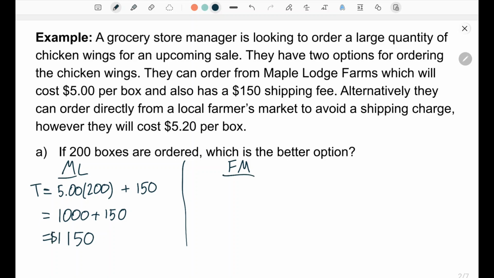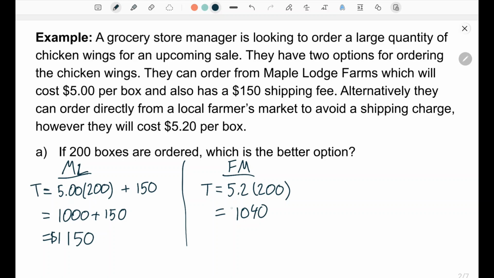Okay, what about the farmer's market? The farmer's market is a simpler calculation. You just have to do 5.2 times 200, and if you do that calculation, what you should get is 1,040.